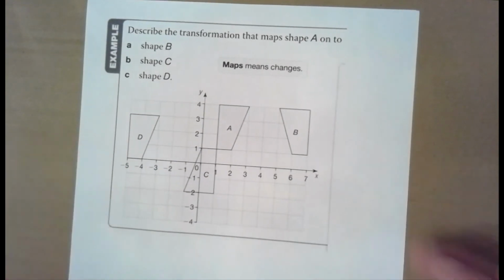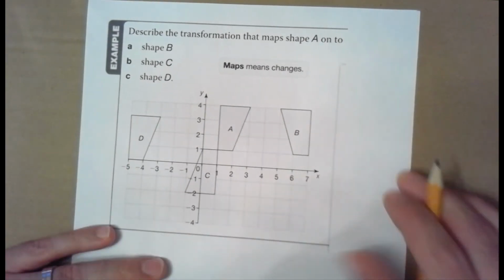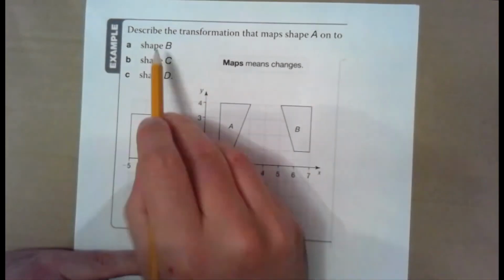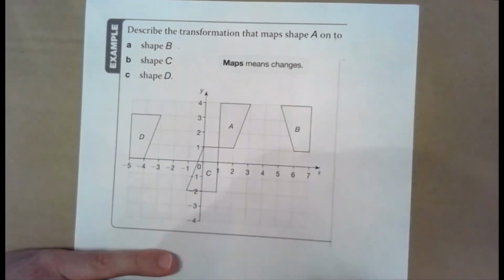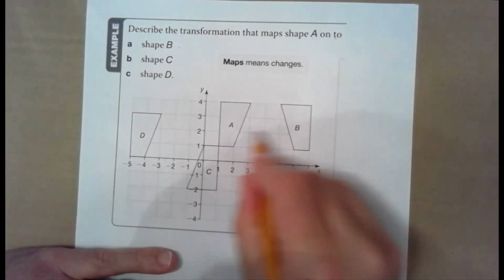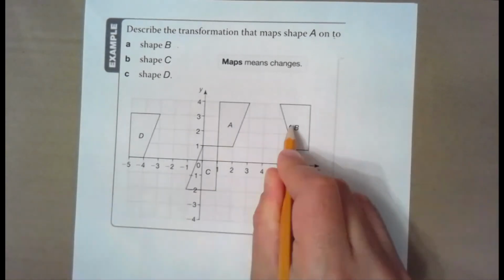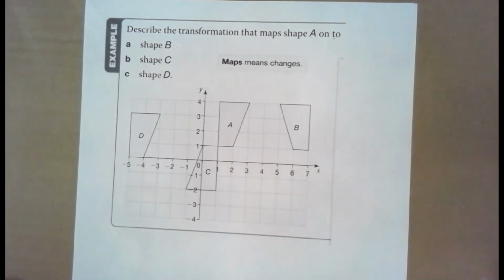Finally, this is an example in the book. So let's go through this. Describe the transformation that maps shape A onto shape B. So A to B. Hopefully you can see from A to B that's a flipping. We've just flipped the shape, so we've just reflected the shape.